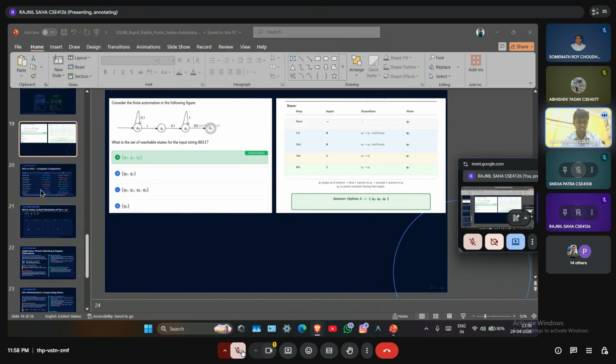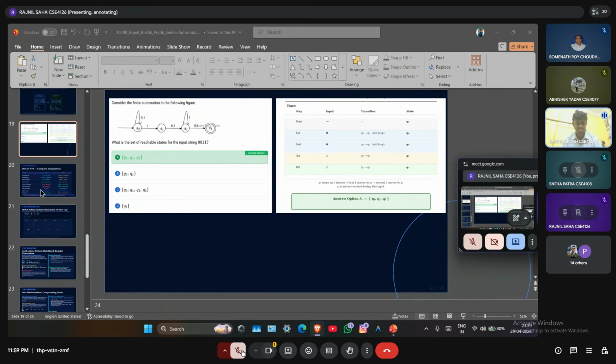This question asks us to trace through a finite automaton with 4 states: Q0, Q1, Q2 and Q3, for the input string 0011. The machine starts at Q0, which has a self loop on both 0 and 1, meaning it stays at Q0 when it reads a 0. Reading the first two characters 00 keeps us at Q0 via that self loop.